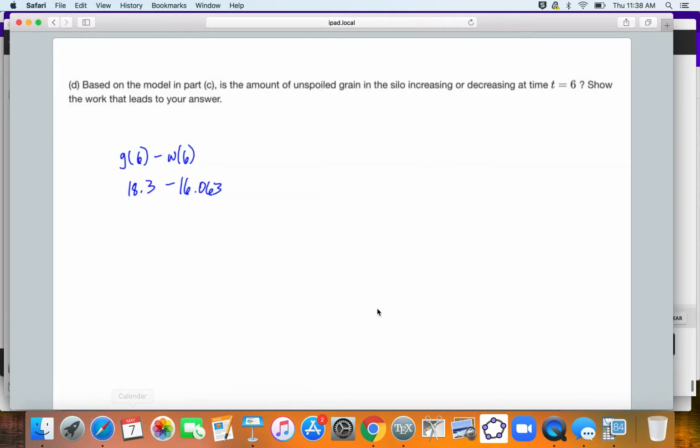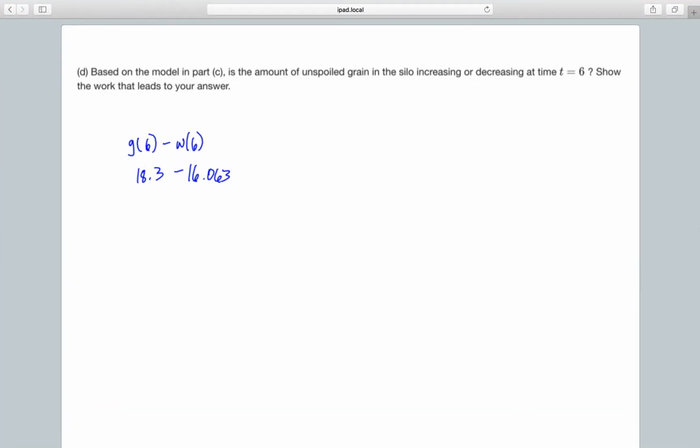So going back to our work here, I don't really even care what that value is. All I care to show is that that's greater than 0. Therefore, unspoiled grain is increasing at time t equals 6.